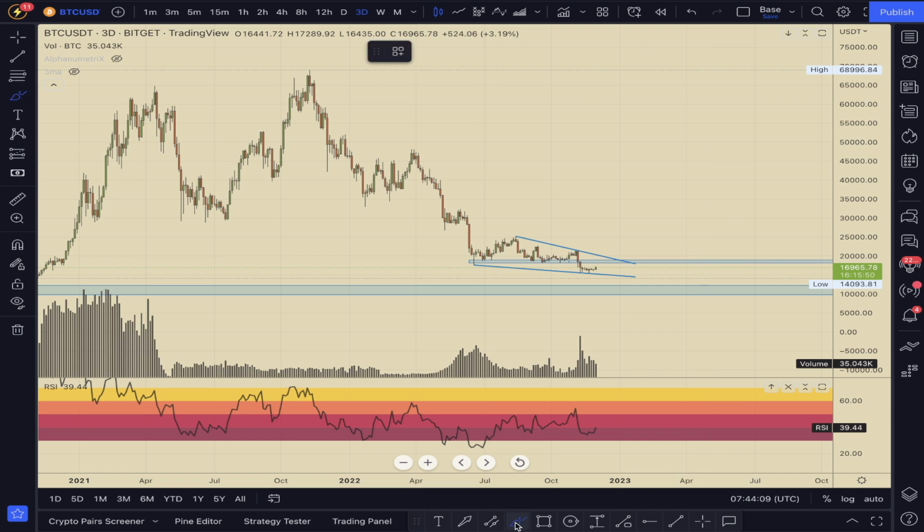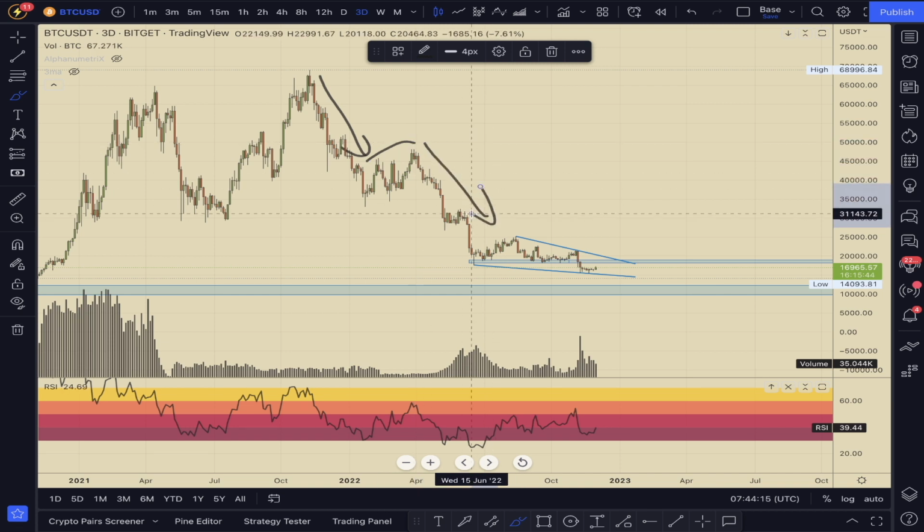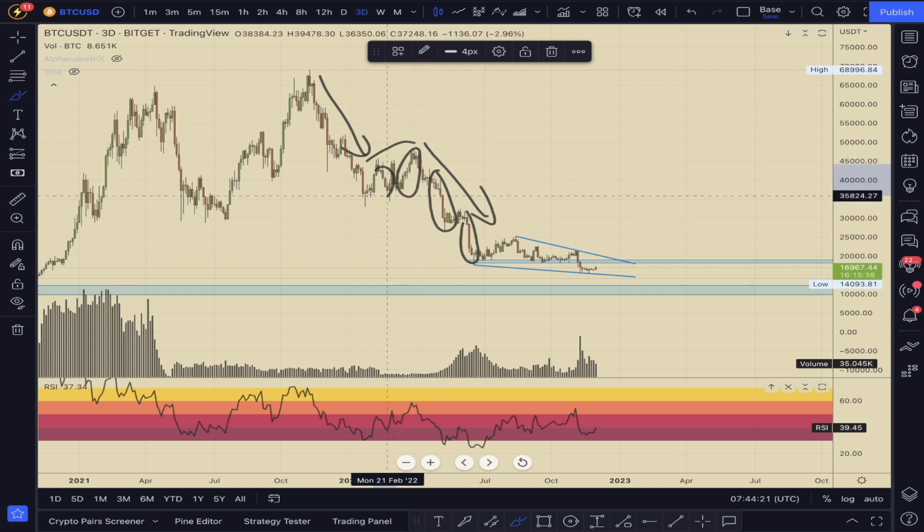We were on a very aggressive downtrend, consolidation before a continuation of that trend.